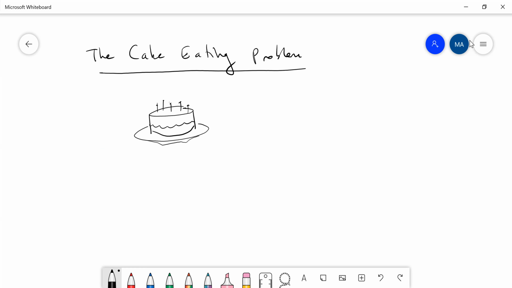And suppose that there are 8 slices, okay? And your utility depends on consumption of cake, number of slices, okay? And T is time, obviously.